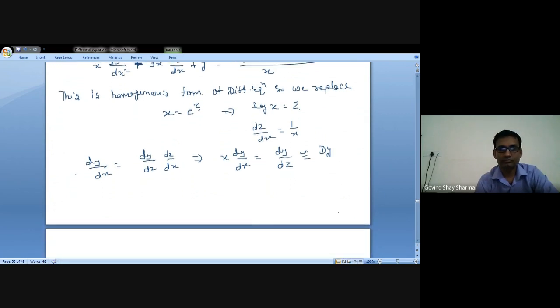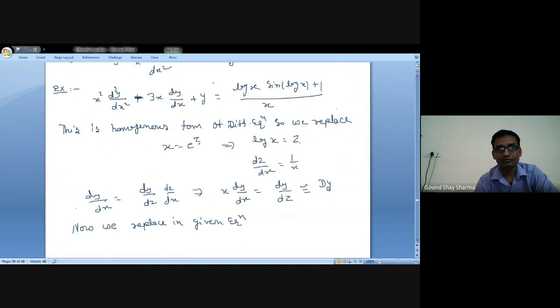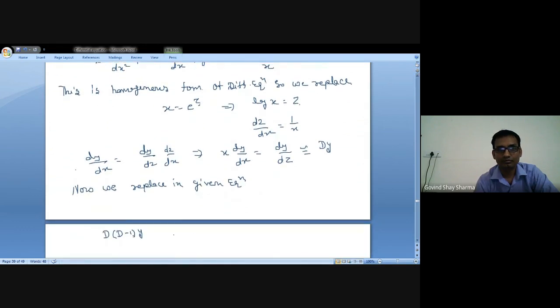Now we replace, so this becomes D(D minus 1) y minus 3D y plus y is equal to, log x can be written as z, z sin z plus 1 e to the power.